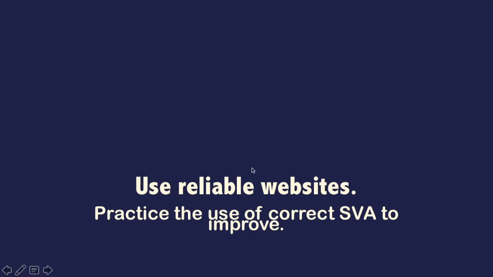Just always remember to use reliable websites because there are websites that may cause confusions. Or if you have books at home, grammar books at home, that's better. To improve, practice. Practice, practice. It may sound cliche, but practice really makes perfect.